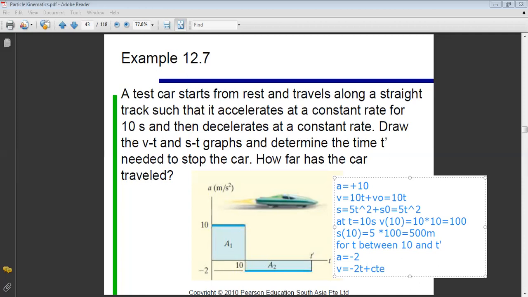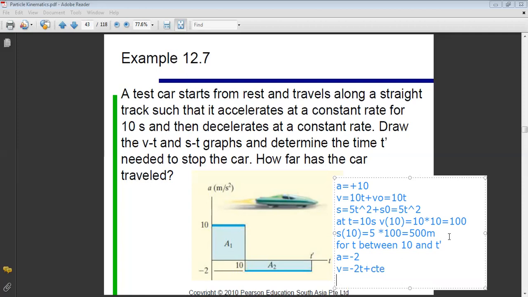To find this constant, which boundary condition can I use? V at 10 seconds. Yes, exactly, because the V varies in a smooth way. Acceleration will have a jump, but V is varying in a smooth way. So I will use the boundary condition at 10 seconds.